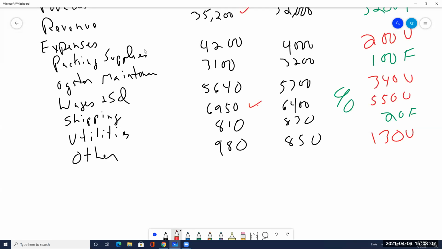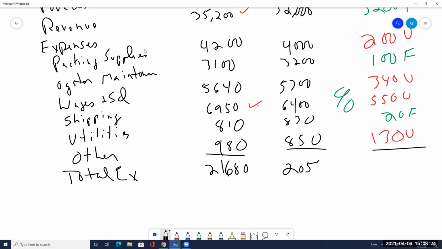And so we have total expenses. And total expenses are 21,680 and 20,580. So total expenses were 1,100 unfavorable.